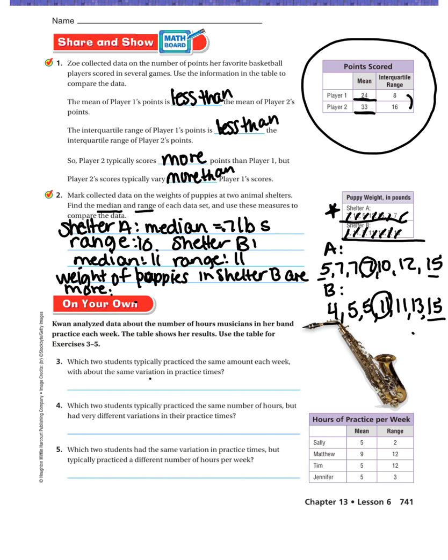That sounds better. And then the typical weight of the puppies in shelter A are smaller. So either one, if you want to say the weight of the puppies in shelter B are larger, or the weight of puppies in shelter A are smaller. Either one of those would be correct.